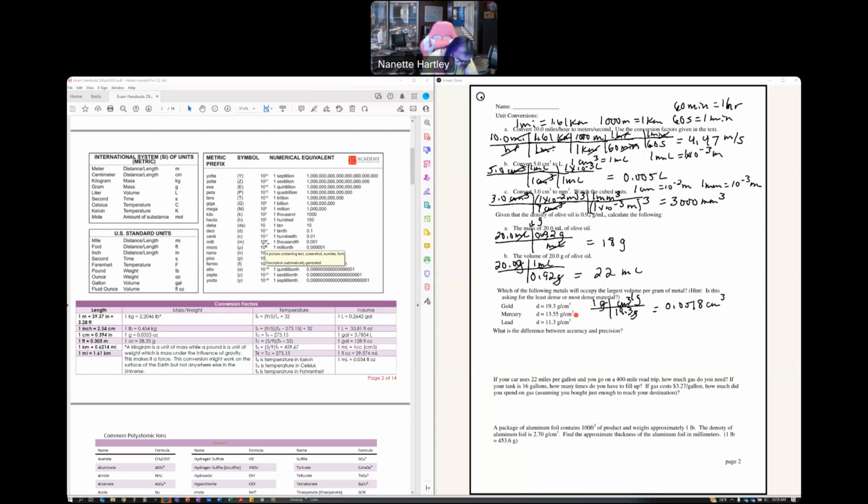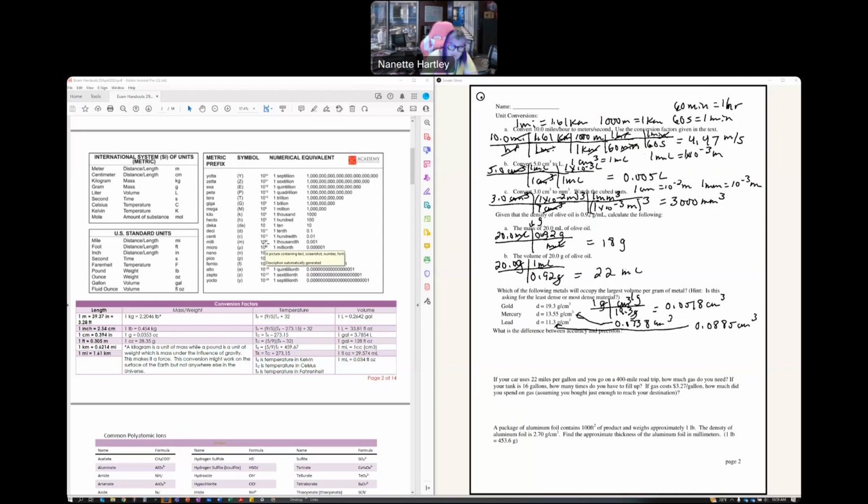If I do that for this one, 1 divided by 13.55 gives me 0.0738 centimeters cubed. And 1 divided by 11.3 gives me 0.0885 centimeters cubed.